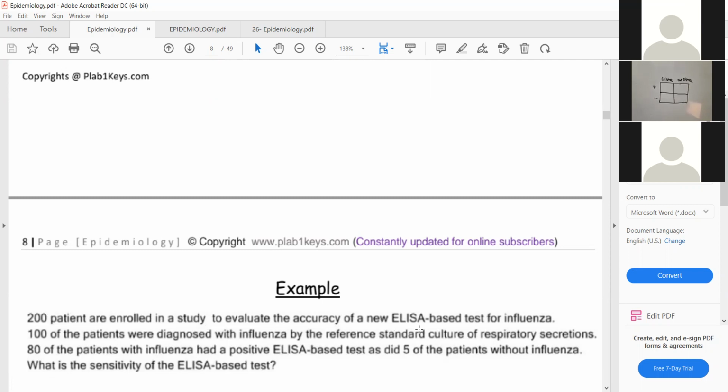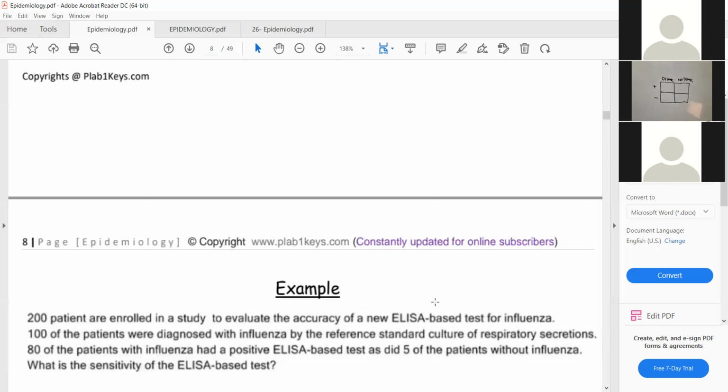So we have made a screening test for influenza, that is the ELISA-based test. So this test is the screening test. 100 of the patients were diagnosed with influenza by the reference standard culture of the respiratory secretion.